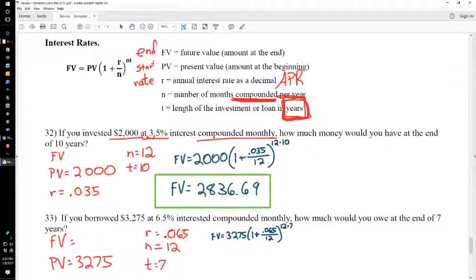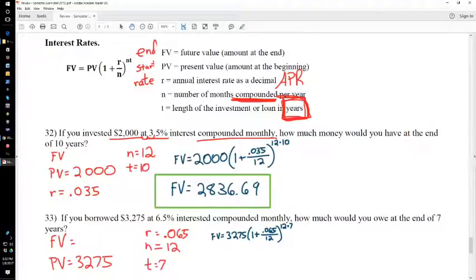And again, you can either put this in your calculator in a bunch of little chunks, like just calculate this part, hit enter, then raise it to the 12 times 7, then multiply it by 3275. That's fine. Or you can put it in all at once.